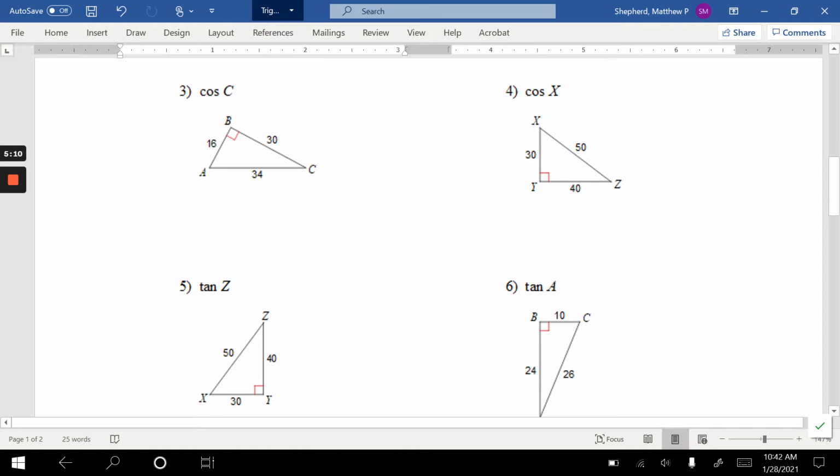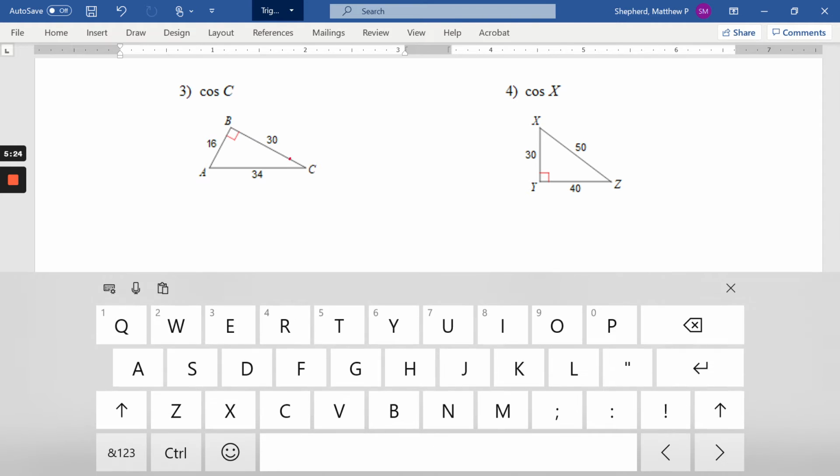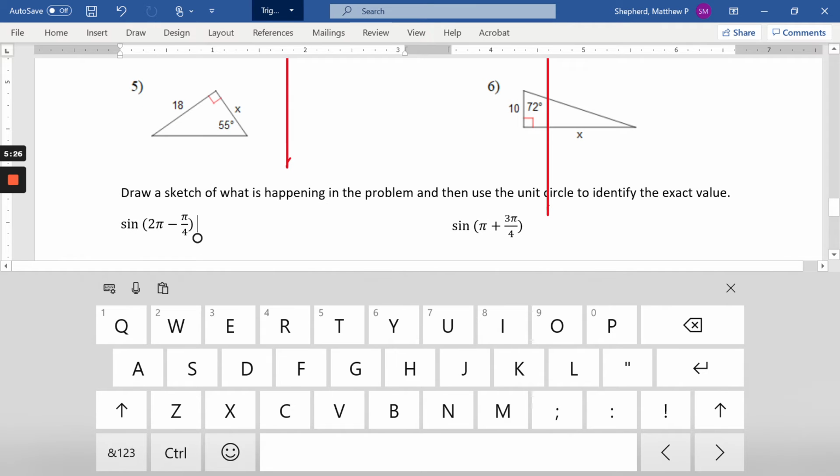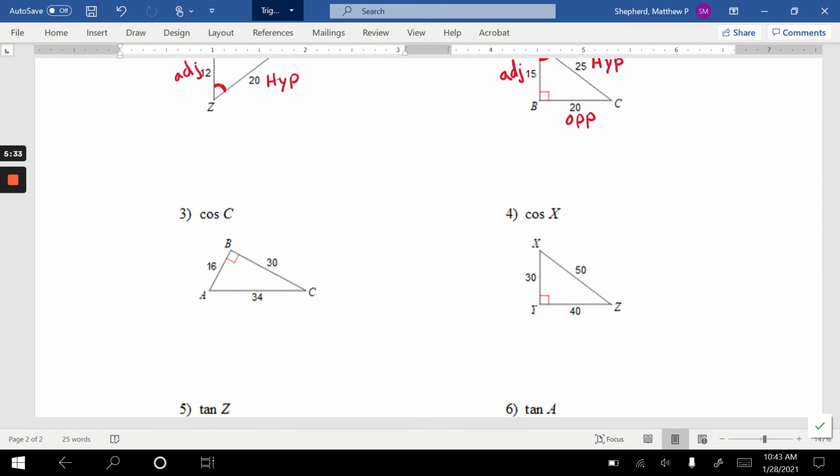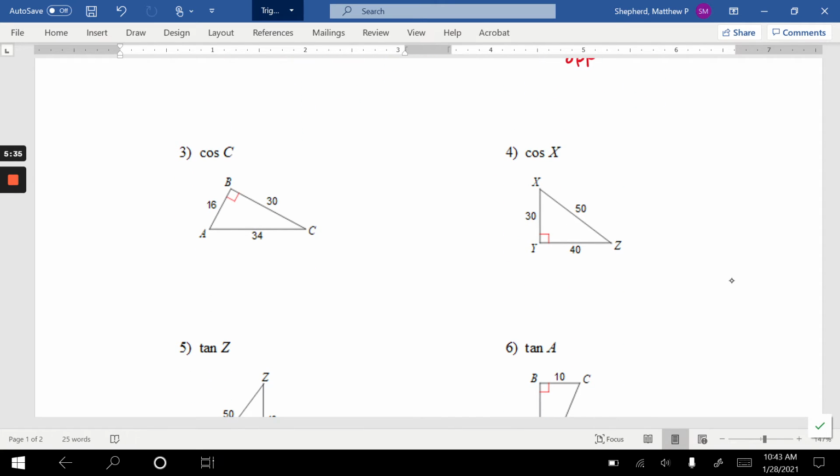Now we're going to do it with cosine. Remember that cosine is the adjacent over the hypotenuse. Let's start labeling. It wants the cosine of C, so we care about this angle right here.